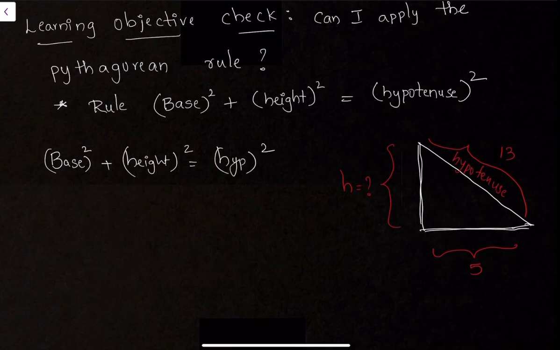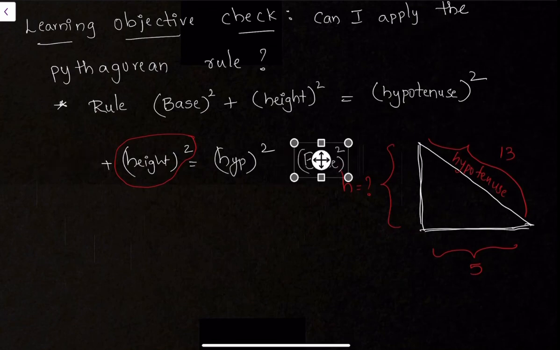Now, because I want height, I'll let the height be here. I can take the base and move it to the other side. Okay, this is what I can do because I want height square. If I move the base to the other side, it becomes negative.